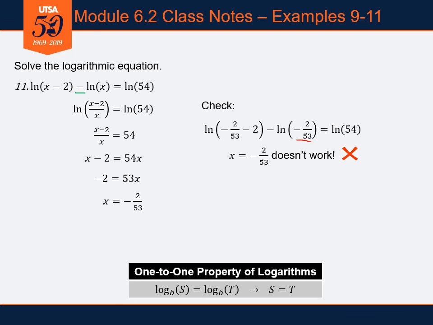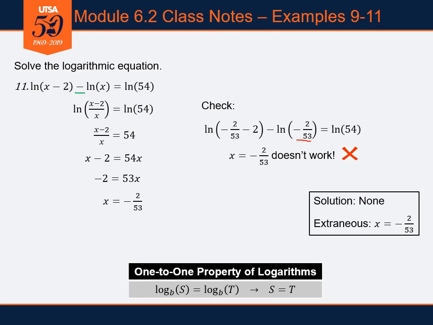So x equals negative 2 over 53 doesn't work. It's an extraneous answer, and it was our only answer. So we conclude that there is no solution to this equation. We found an extraneous answer, but that's not a solution. And this is how we would note our answer in this case.